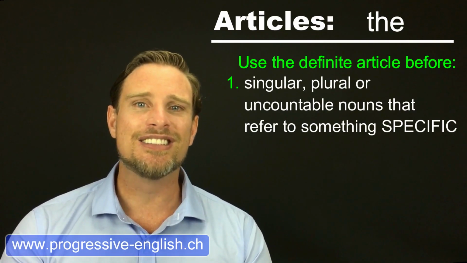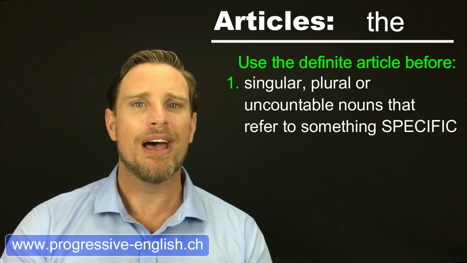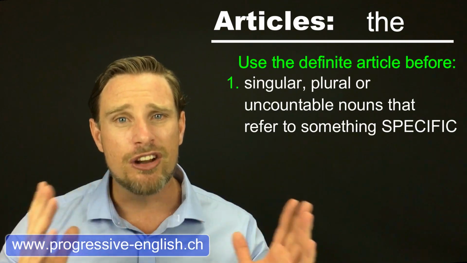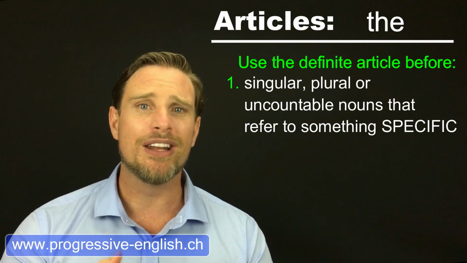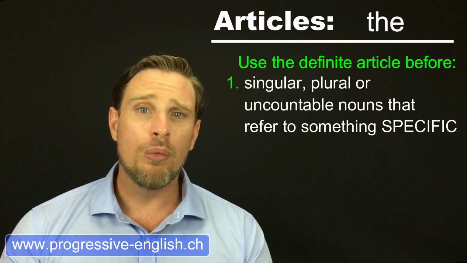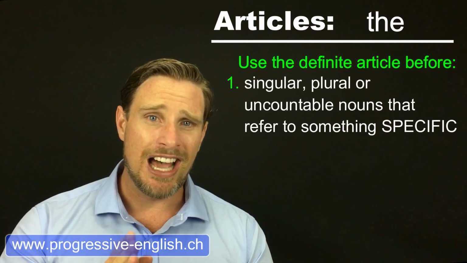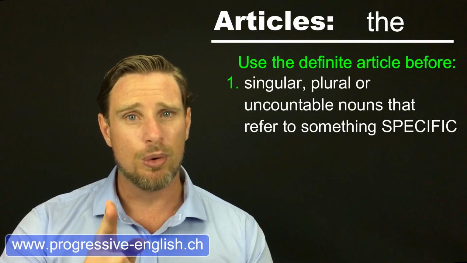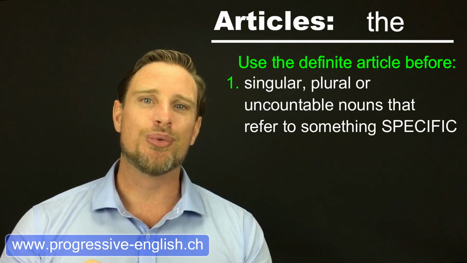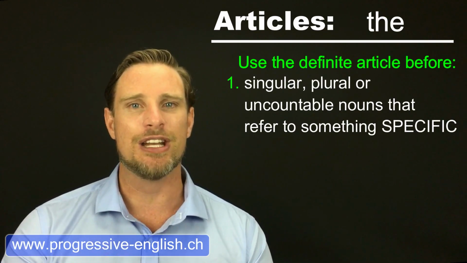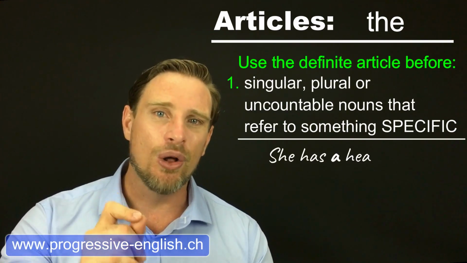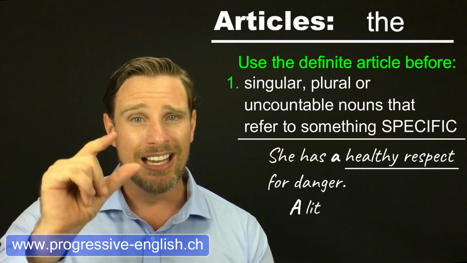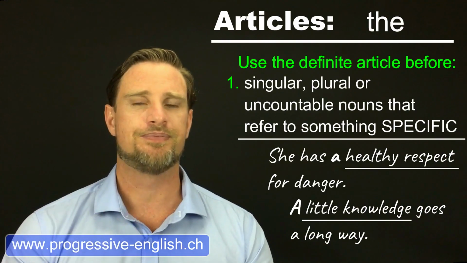And in other cases, when we are speaking about an uncountable noun in general, we use no article, which I will talk about in just a moment. The time we use the indefinite articles, "a" or "an", before uncountable nouns is when we refer to a certain type of an uncountable noun. For example, she has a healthy respect for danger. A little knowledge goes a long way.